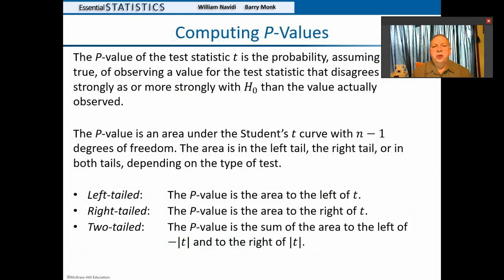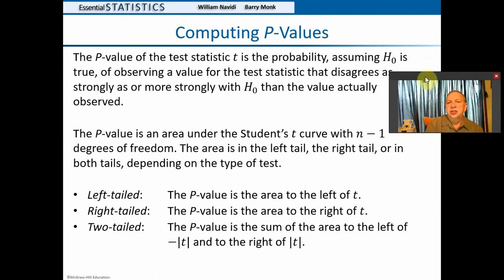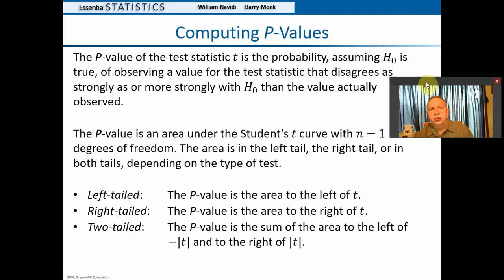So let's do the computing of p-values. The p-value of the test statistic t is the probability, assuming H0 is true, of observing a value for the test statistic that disagrees as strongly or more strongly with H0 than the value actually observed. So it's basically the probability of seeing something more extreme than what we have got.